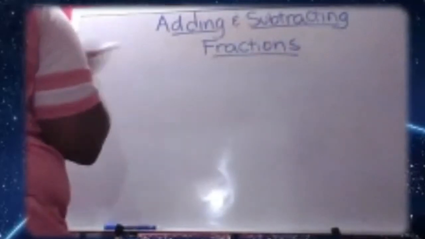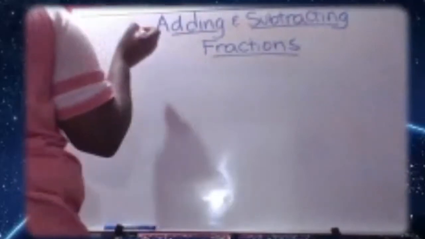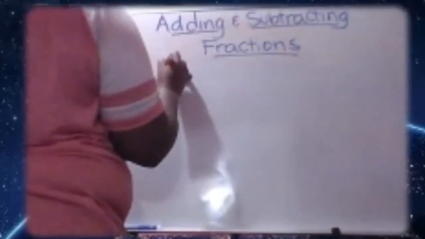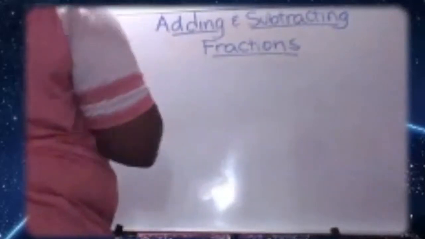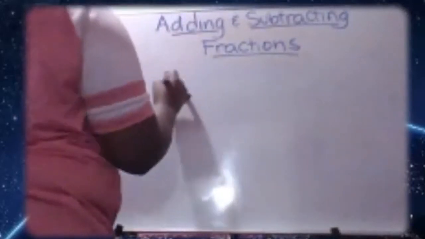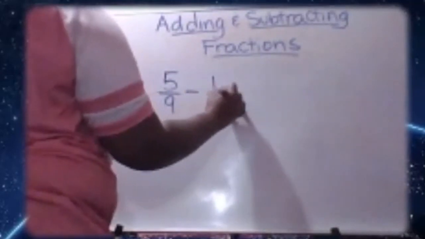So let's say we have 5 over 9 minus 1 over 3.